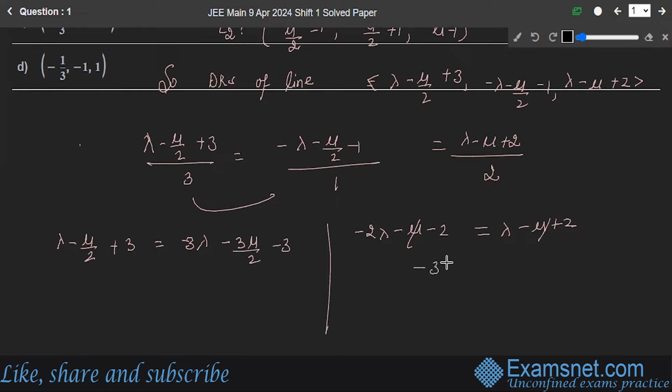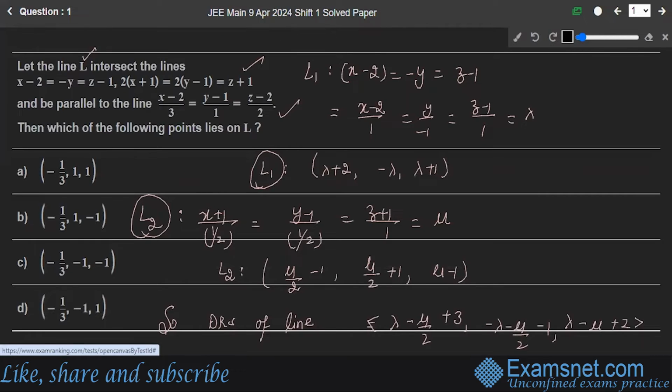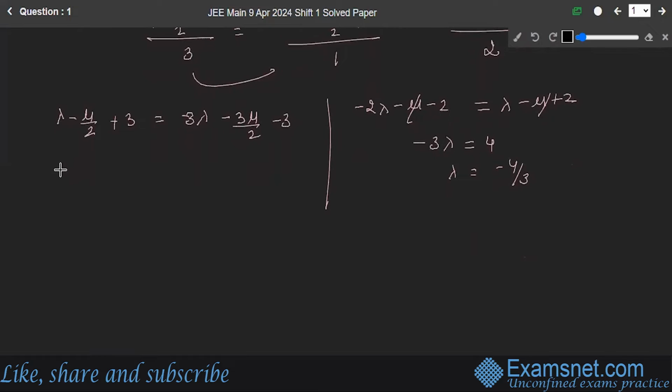You will have minus 3 lambda is equal to 4, or lambda will be equal to minus 4 upon 3. And let's fill this over here. This will give you 4 lambda, and this will be minus mu upon 2 plus this and plus 6 is equal to 0.